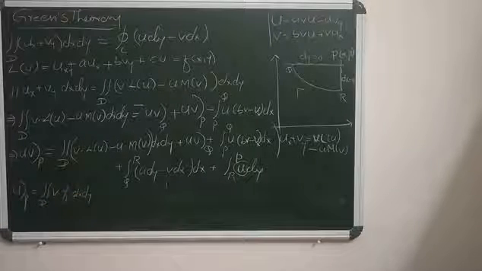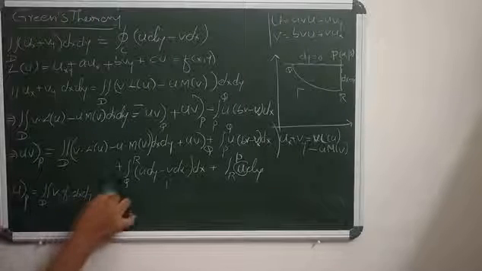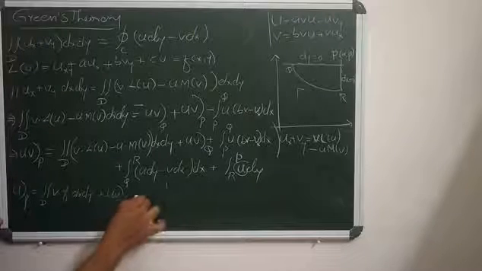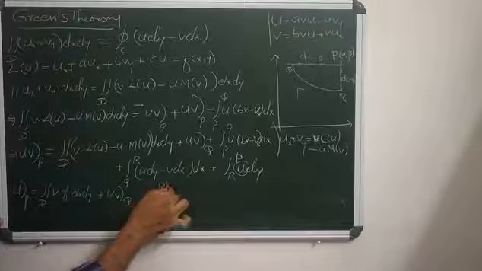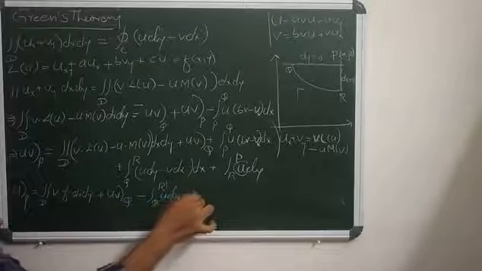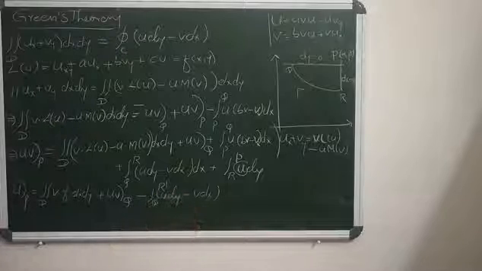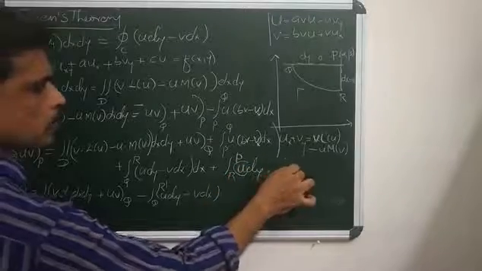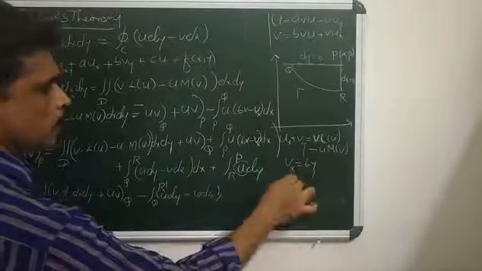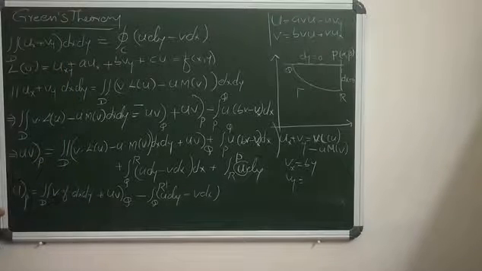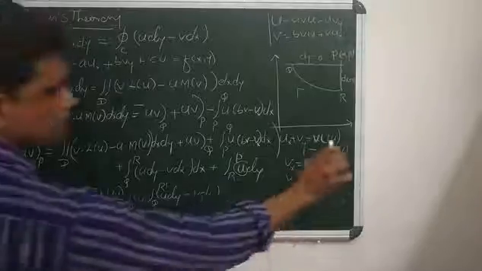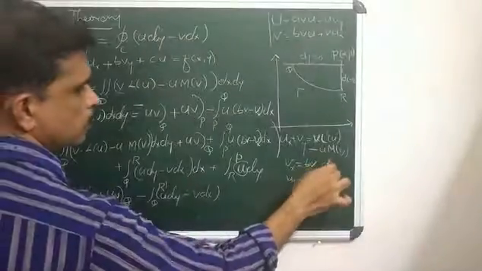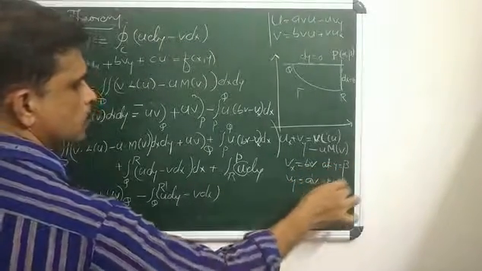Double integral over d f dx dy plus what remains, uvq, this one, plus uvq minus integral q to r u dy minus v dx. Why? Because we know that what is vx? Vx equals bv and vy equals av, at y equals beta and at x equals alpha respectively.